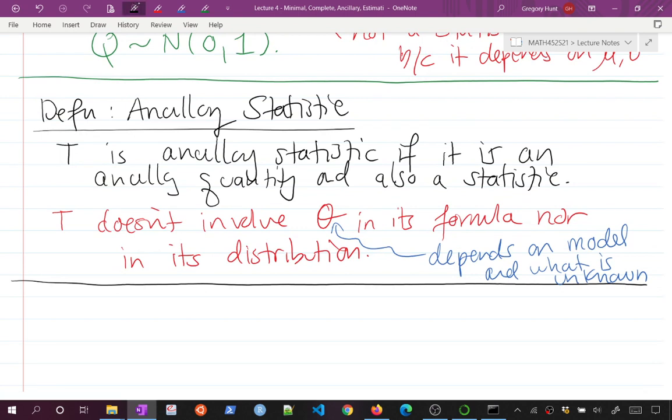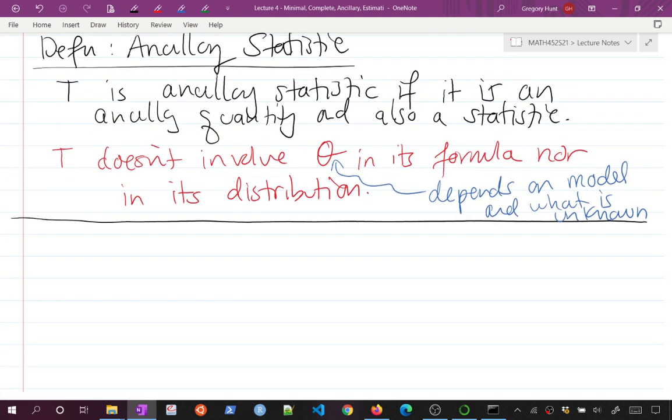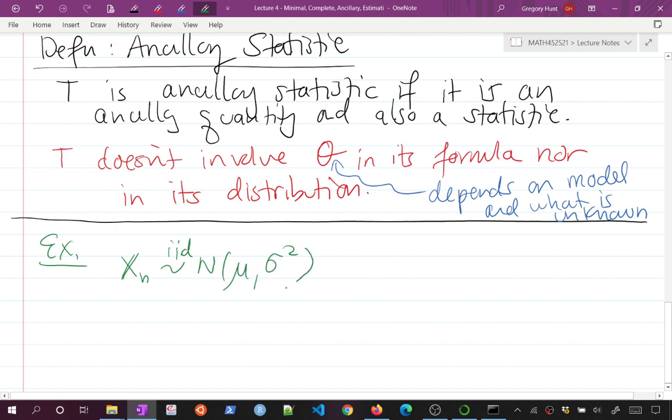So for example, if we're going to beat this to death, but if I have, again, a normal mu sigma squared model, I really have to specify what's known or unknown.